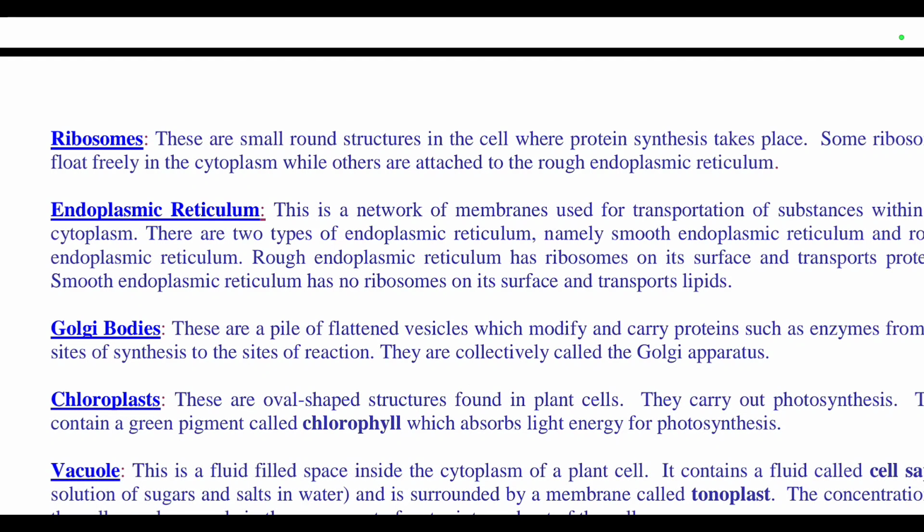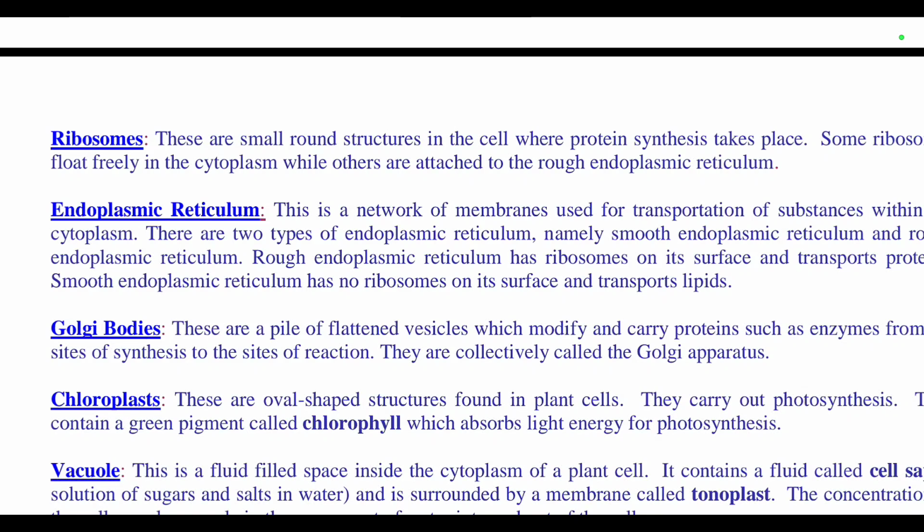You have the smooth endoplasmic reticulum and the rough endoplasmic reticulum. Rough endoplasmic reticulum has ribosomes on its surface. I already mentioned this. Now, the function of the rough endoplasmic reticulum is to transport proteins.